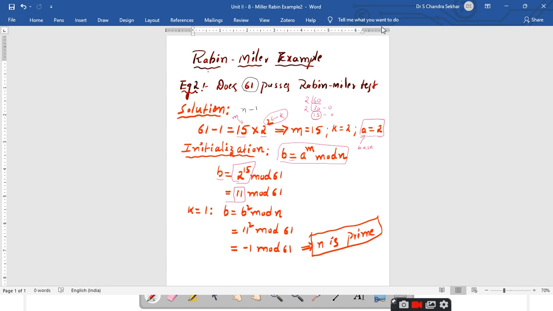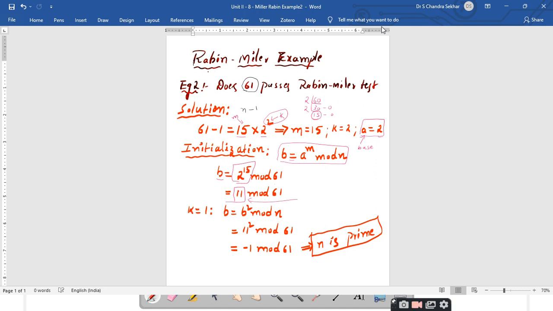In the last session we clearly discussed how to calculate exponential powers, modular arithmetic or modular exponentiation. So when you simplify 2 power 15 mod 61, we get the remainder 11.